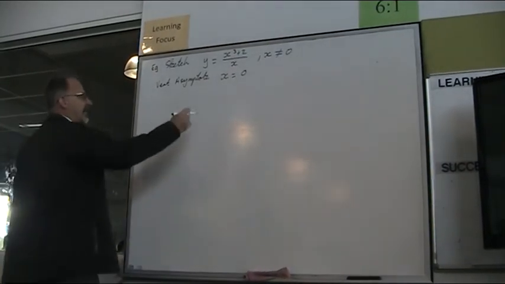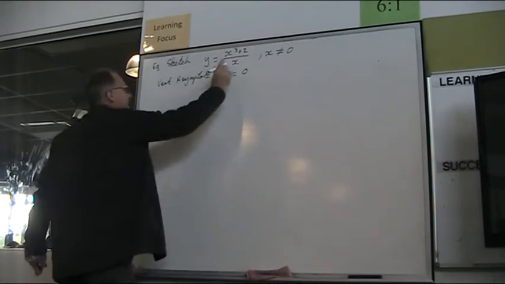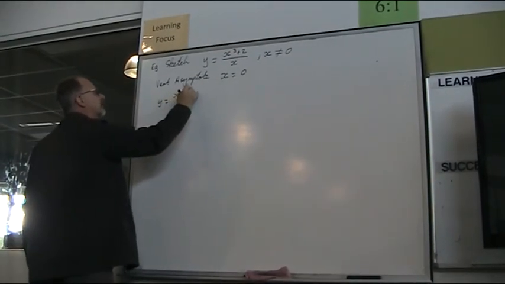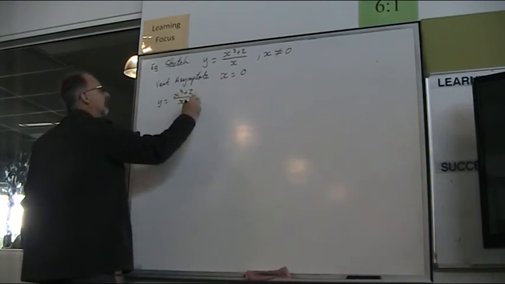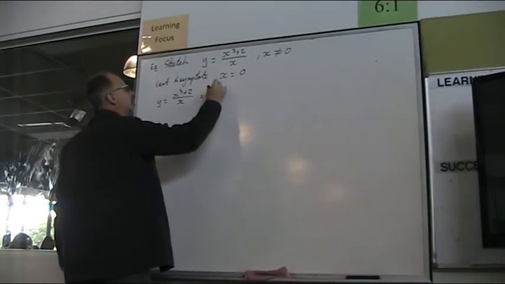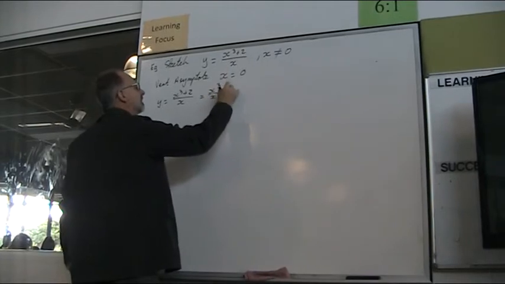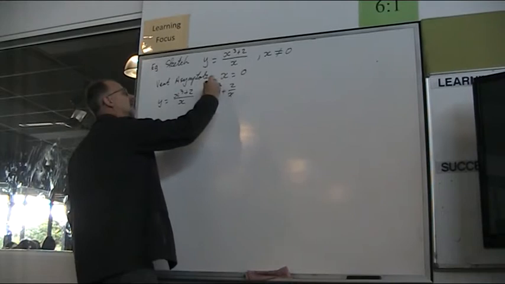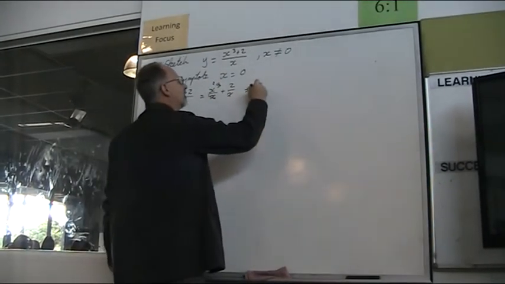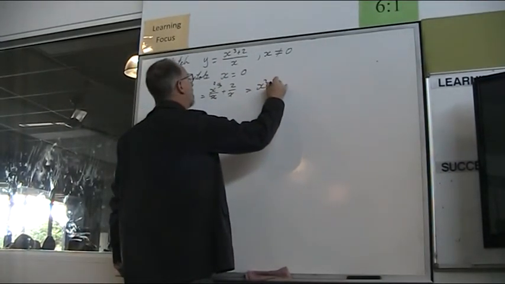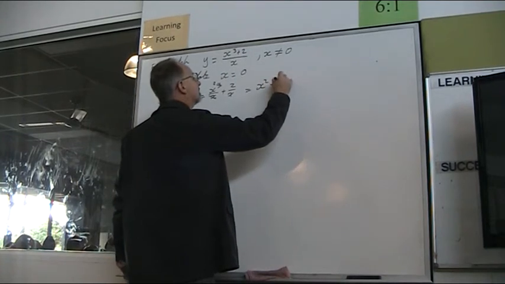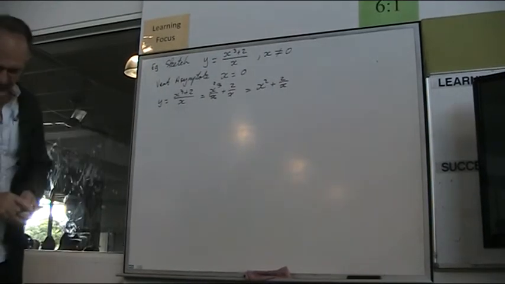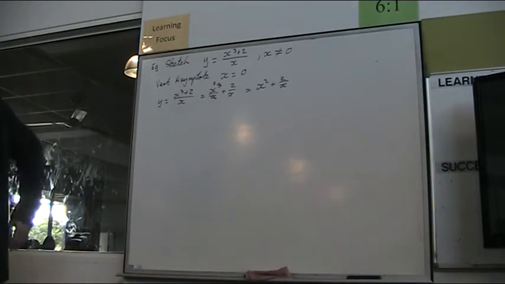To find any other asymptotes, we need to rearrange this. So if I've got y equals x cubed plus 2 on x, if I rewrite that as x cubed on x plus 2 on x, over here we've got some cancelling that can happen, and so we've got x squared plus 2 on x.